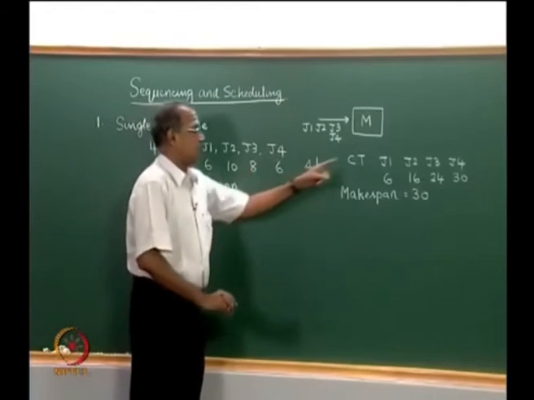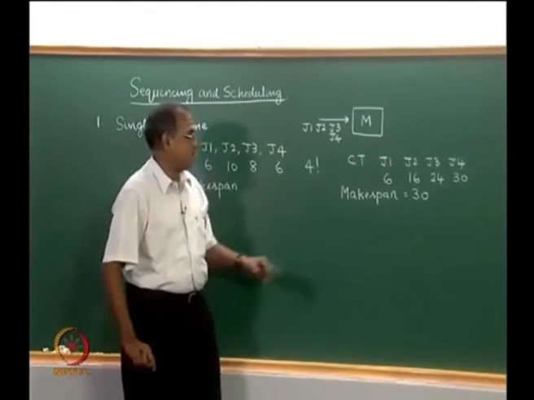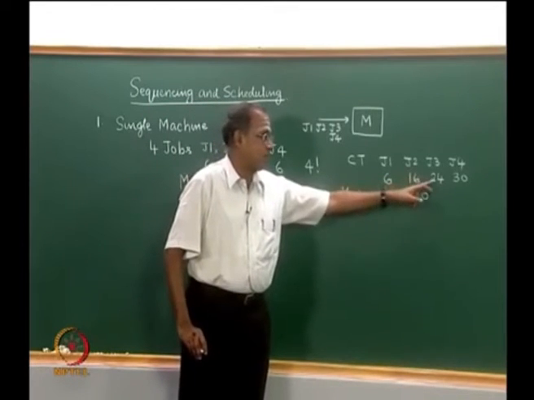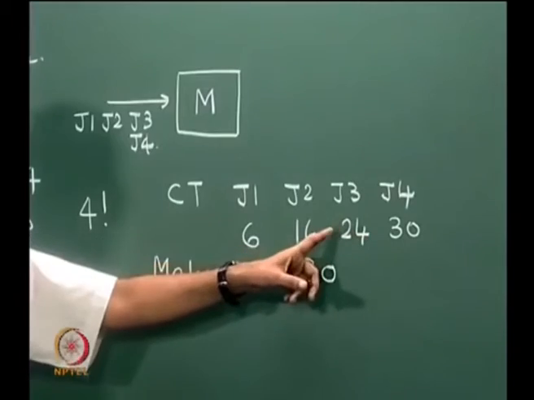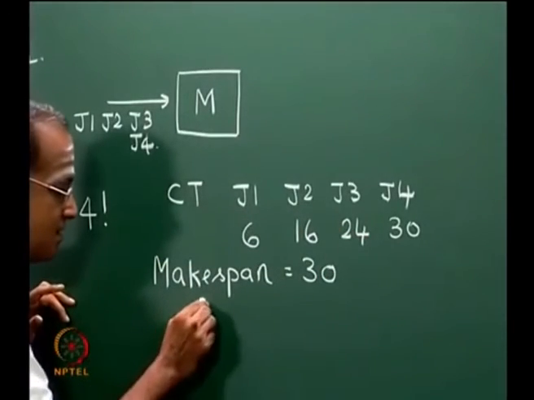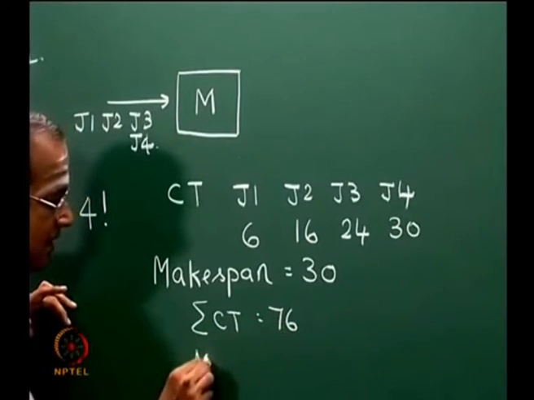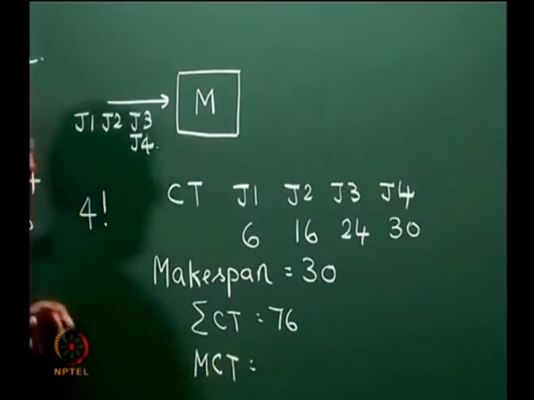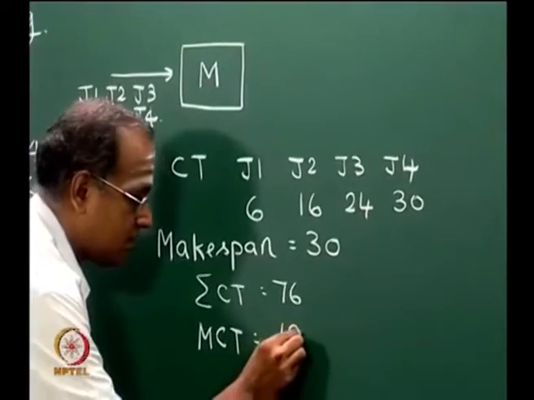For a given sequence J1, J2, J3, J4, the sum of completion times is 6 plus 16 plus 24 plus 30, which is 22 plus 24 is 46, plus 30, 76. So, sum of completion times equal to 76 and mean completion time equal to 76 divided by 4, which is 19.